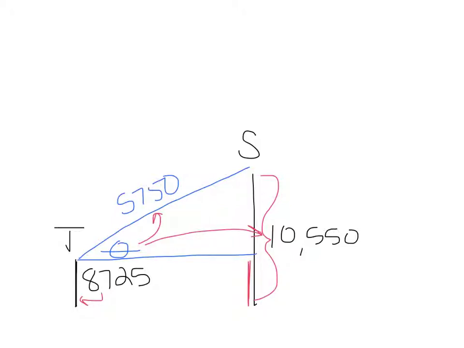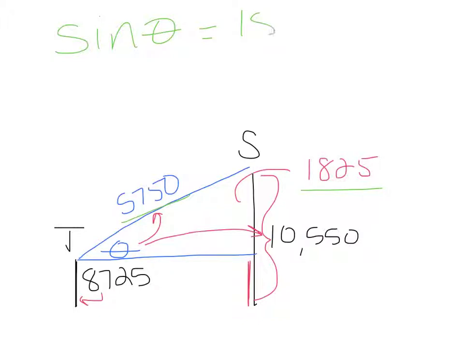So what remains is the opposite side of this triangle, which is 1825. Now, I want to find theta. I've got the opposite side and the hypotenuse, so that's sine. The sine of theta is opposite 1825 over hypotenuse 5750.